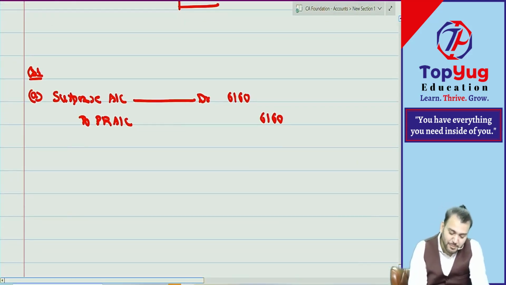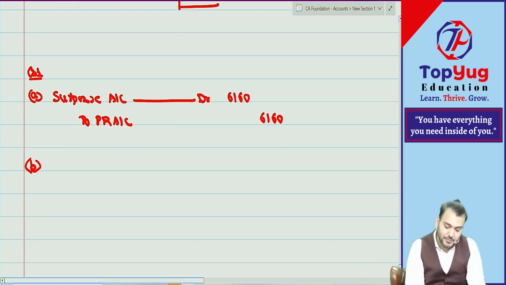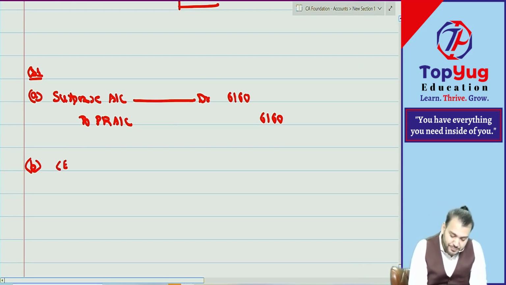Are you giving me the correct entry, the wrong entry, or the rectified entry? First give me the correct entry. Discount received, so what is the journal entry? Any party account. So I am writing party account, debit to what?